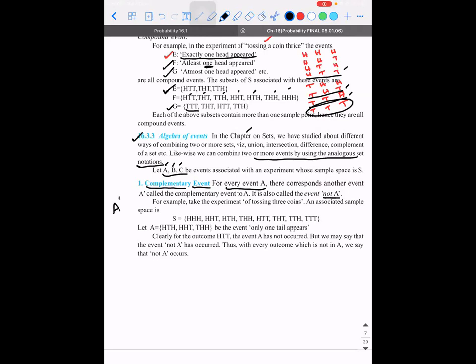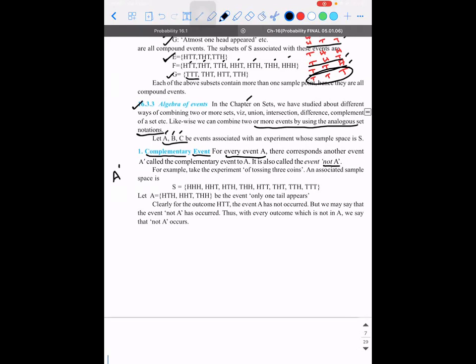Okay, so I'll speak in terms of occurrence of an event. If I say A is an event of occurrence, then A dash is an event of non-occurrence. For example, a very simple coin.